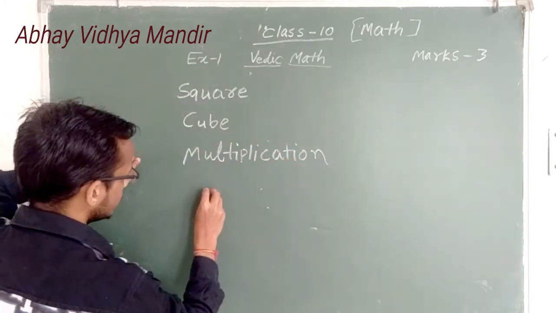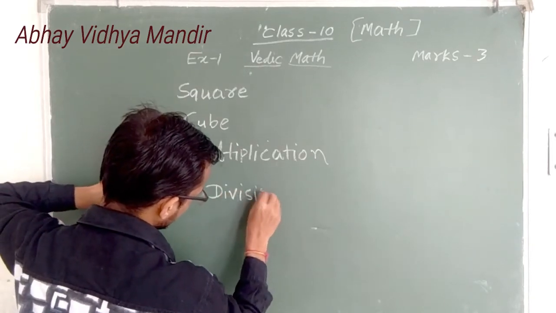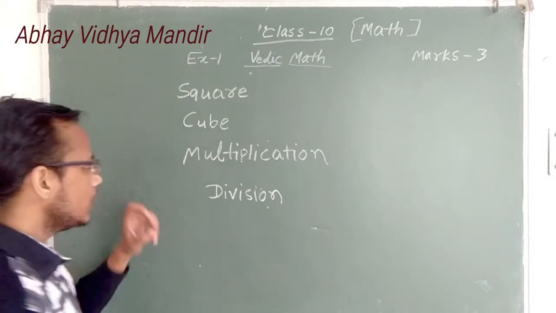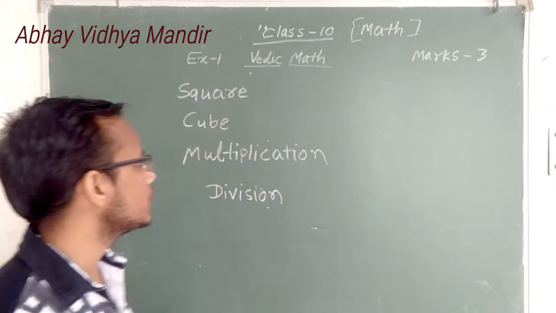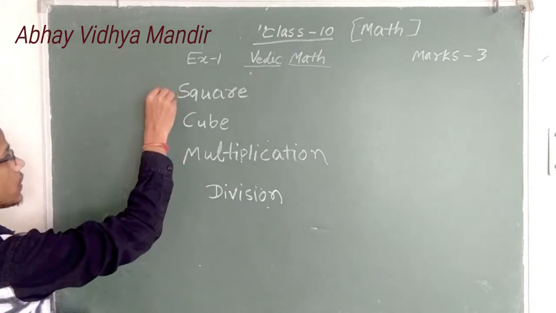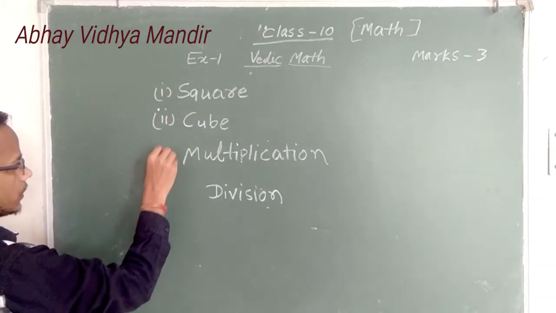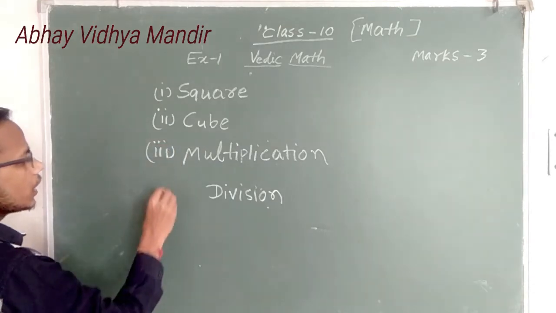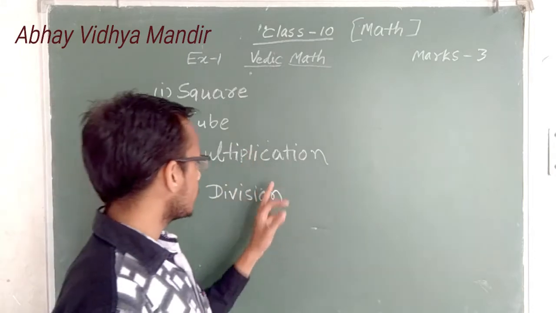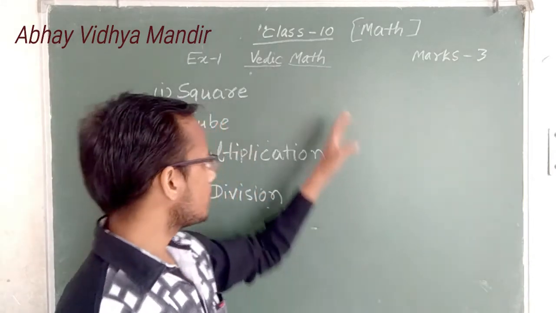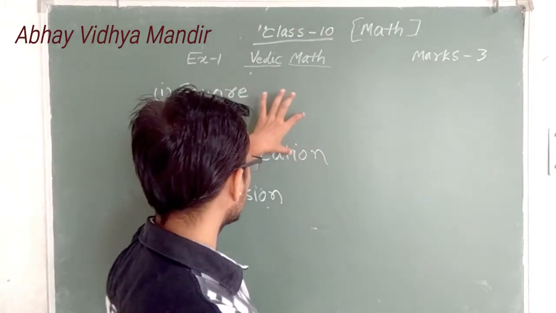So some topics are here that we will study in this chapter, and these come from your syllabus. So square, cube, multiplication, division. These we know, and without any formula we can solve them.